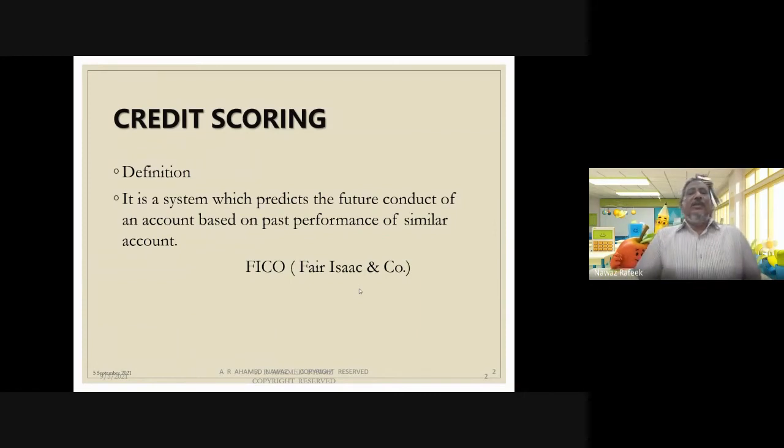You take a model account, measure the performance in different conduct and features, and apply it to predict future conduct. How was the past and how could be the future, using certain technical techniques.